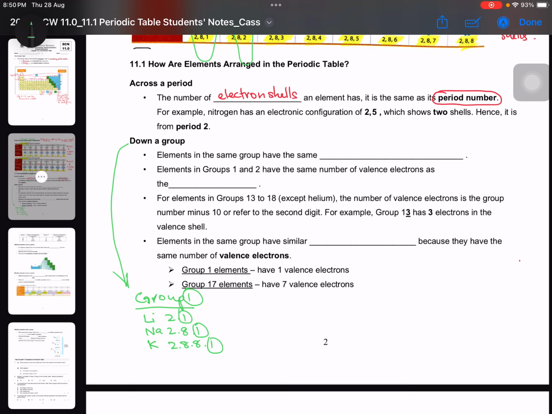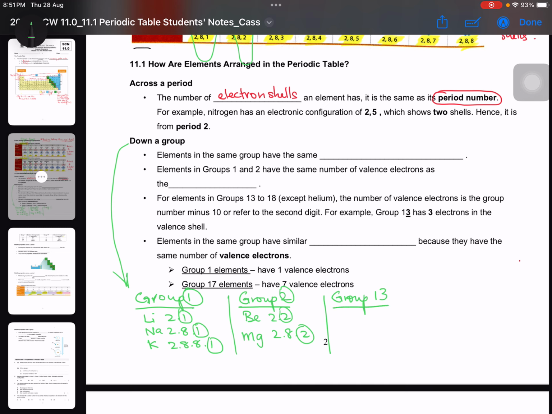How about group 2? Group 2, you have beryllium 2.2 and then magnesium 2.8.2. What's the correlation? Again, the group number tells you the number of valence electrons. Now let's go to group 13.